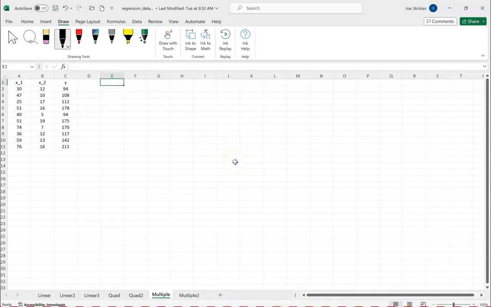So the idea here is that we have 2 inputs and an output that we want to create. So say, for example, maybe you've got data that is air temperature and wind speed, and you want to know something about wind chill, for example.